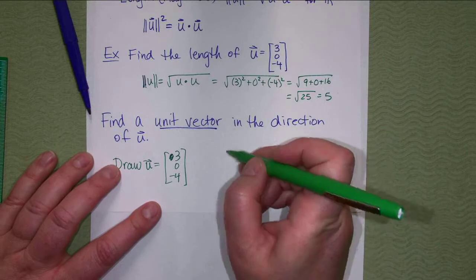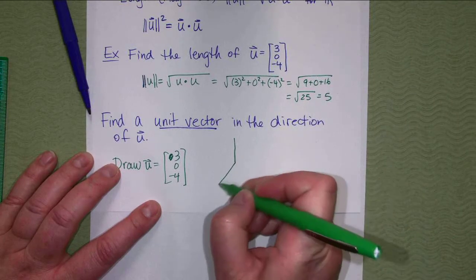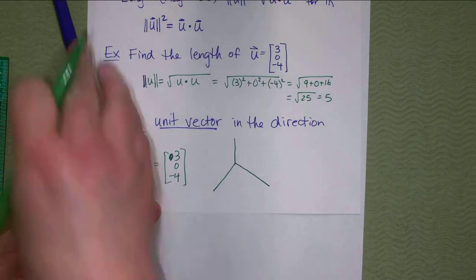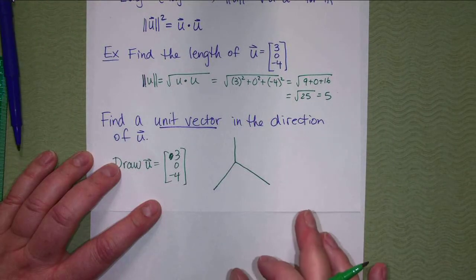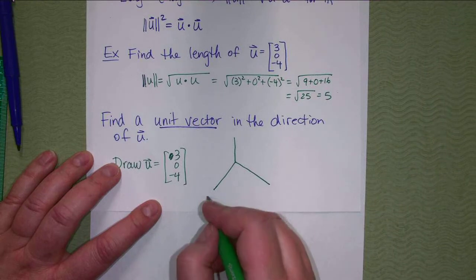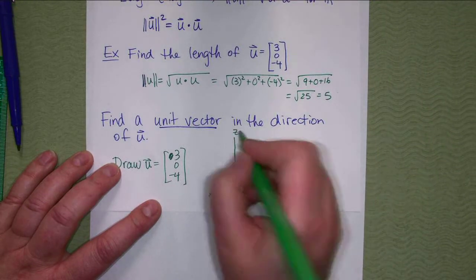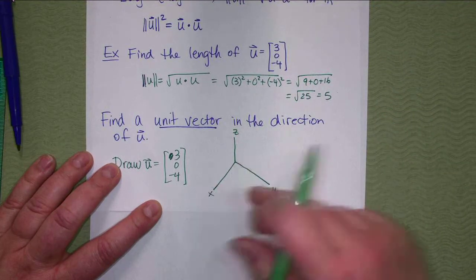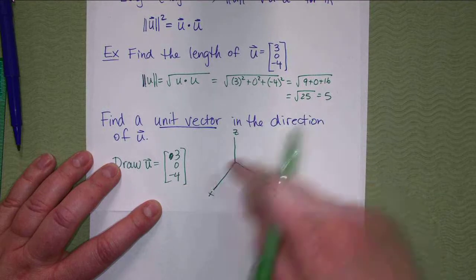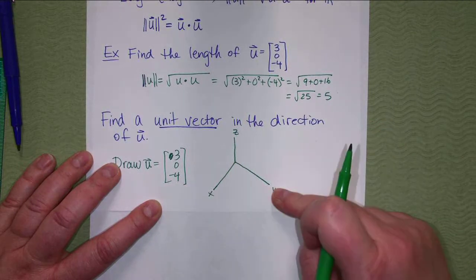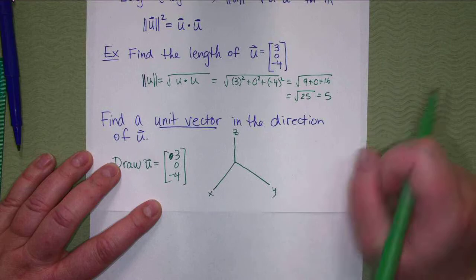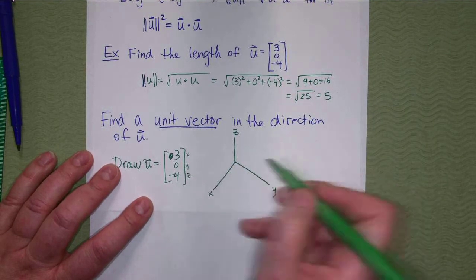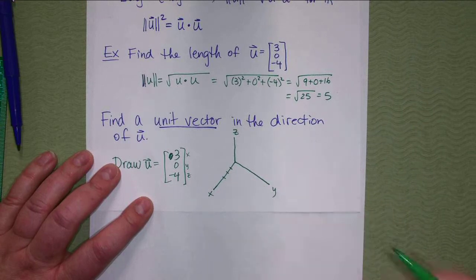So when we're drawing in 3D, if any of you are in engineering, you'll have to do this in other courses. So X, Y, Z, they go to the right. Okay, you can put your X here, but then it would have to be Y, Z. It has to go to the right, X, Y, Z. You could also put X up here, but this would be Y and Z. Okay, so the order that they're in has to be the same order. Okay, so this is your X, your Y, your Z. So we're going to go 3 on the X. So we go 3 in the X direction.